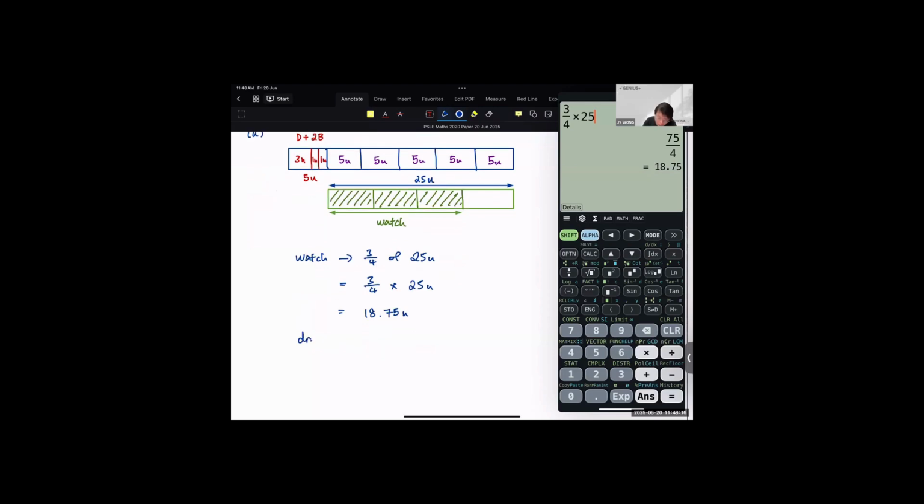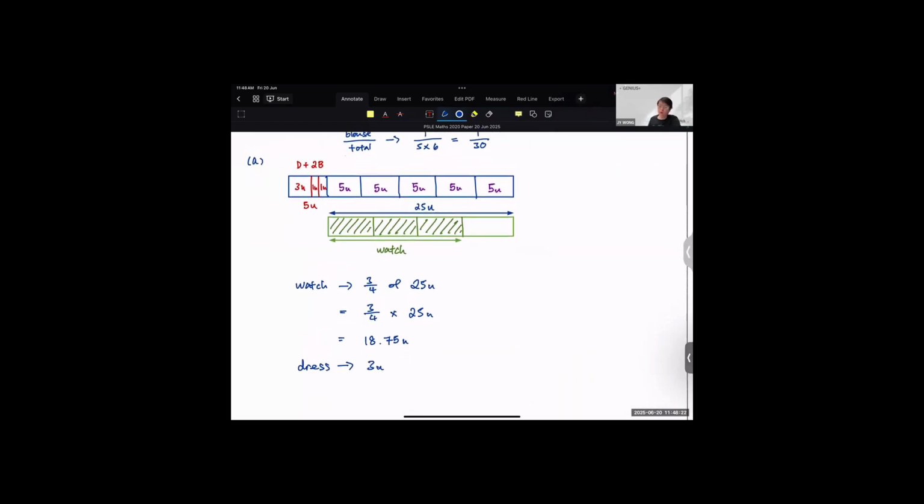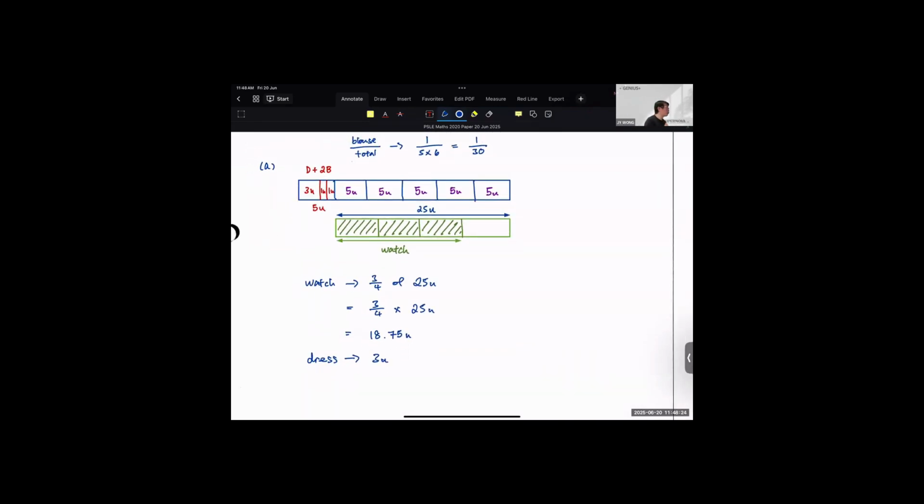And we already found out in part A that your dress is the equivalent of 3 units. Why do I not want to change it to 100 units? Because if I change it to 100 units, then my dress becomes very complicated also, because I need to go and change my dress too. So now it is straightforward because my dress is 3 units. So I just find the number of units represented by the watch. By calculation, you get 18.75 units.